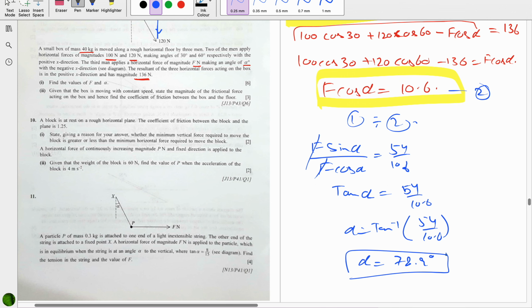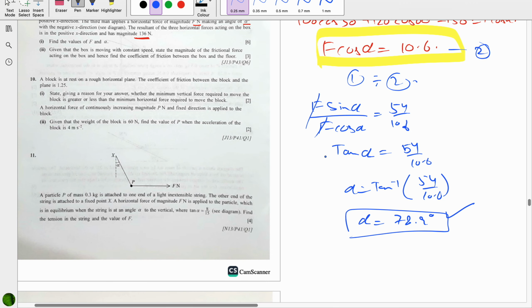So we have the value of alpha, and for force you may use any of the equations. Let's use the one which is already visible on screen, that is 10.6. So force is equal to 10.6 by cos of 78.9. Any confusion?